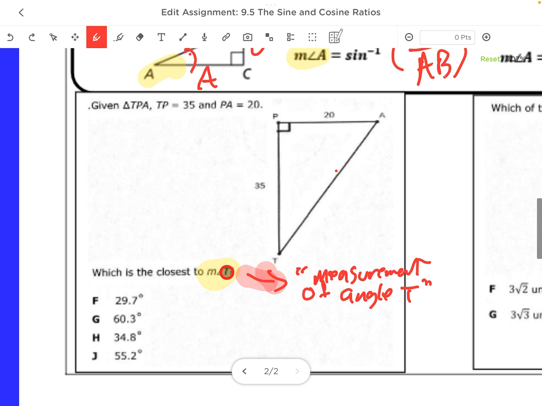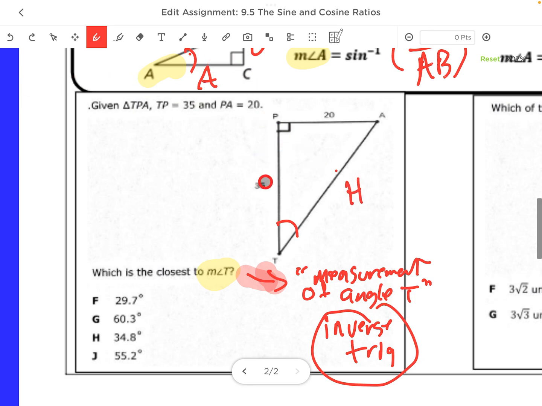So if we're going to find the measurement of an angle, we're going to use inverse trig, right? Okay, so let's figure out what we're going to use. If we're trying to find angle T, this is our reference angle. So let's label our sides. This is going to be the hypotenuse. From here, that's going to be the opposite, and that's going to be the adjacent. So what are we working with? We're working with the opposite side and adjacent, so we can use inverse tangent. So we're going to think TOA.